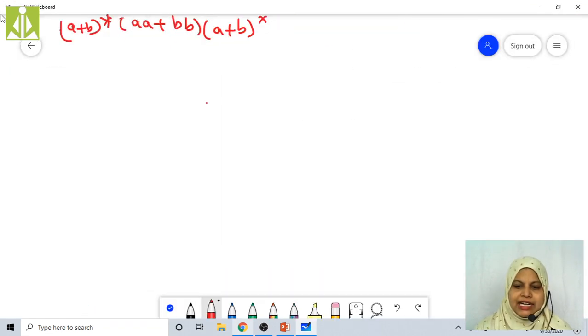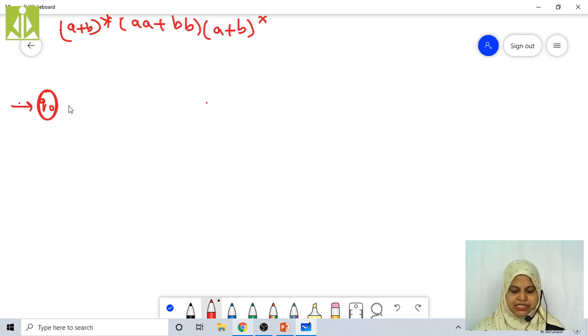Now I'll draw the complete solution for this one, right? First we have to start from q naught, right? Here q naught, here a plus b whole star is there.